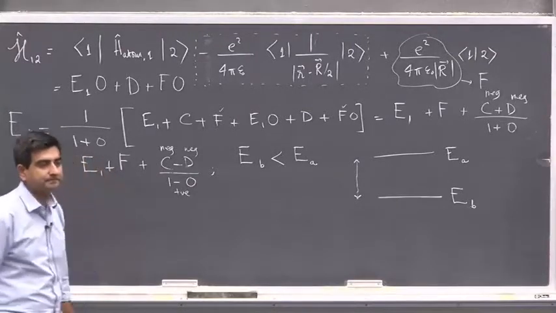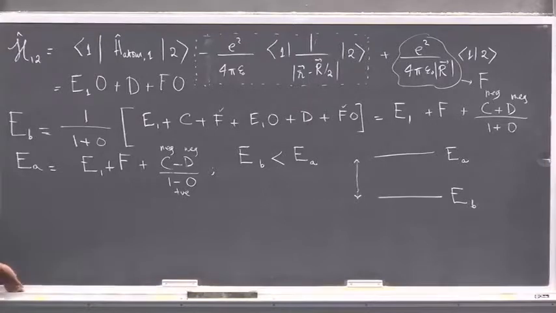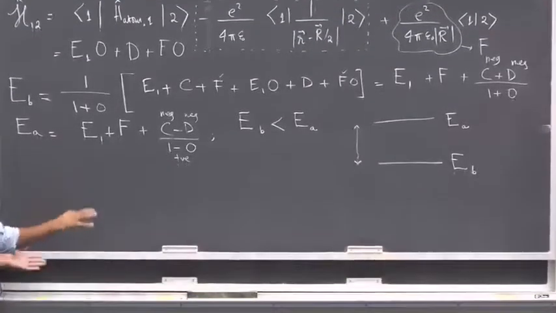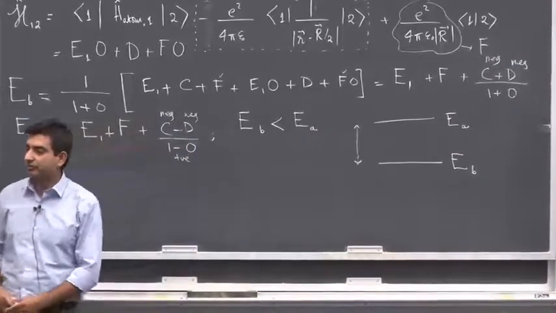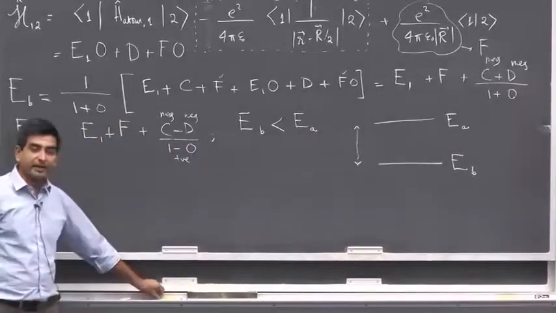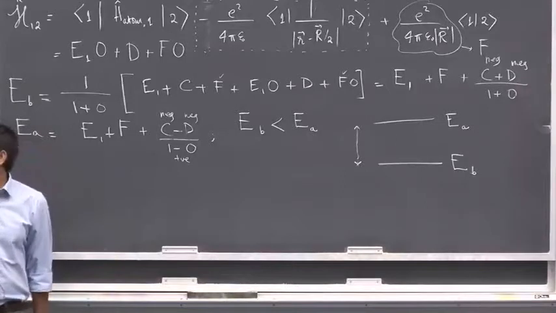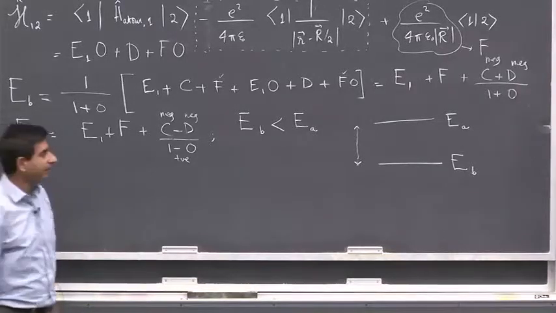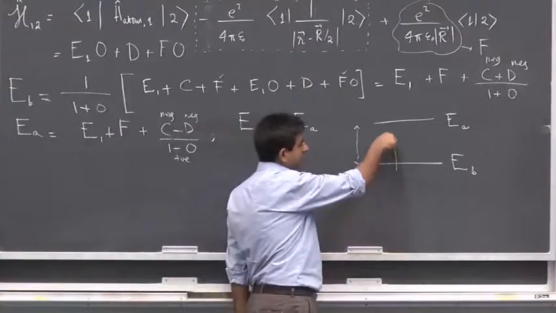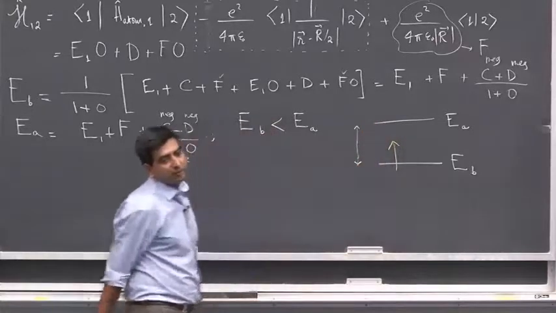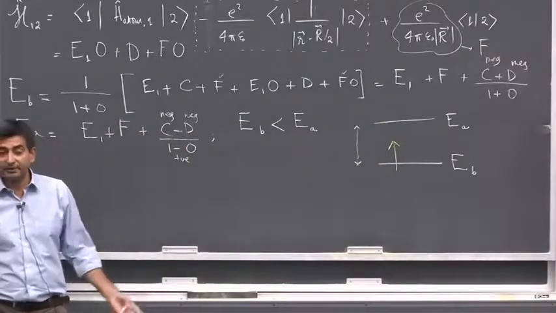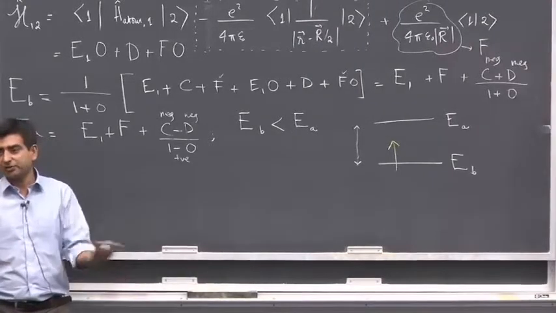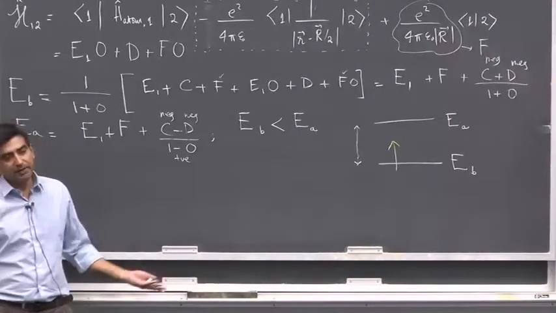Now we have an energy separation between the bonding and anti-bonding molecular orbitals. If you just have one electron, as you have in the H2 ion, that single electron will go to this state. Its spin is unimportant because there is no restraint implied by the symmetrization postulate, since it's just one electron. It's not seeing any other electron. So the spin could be up or down, it doesn't really matter.